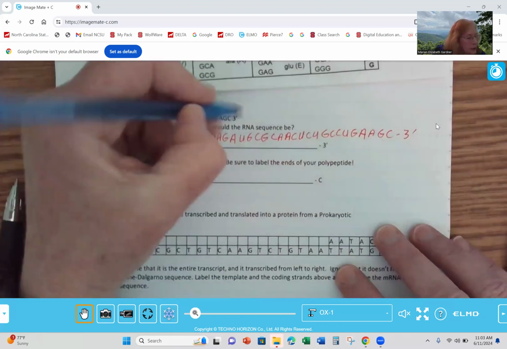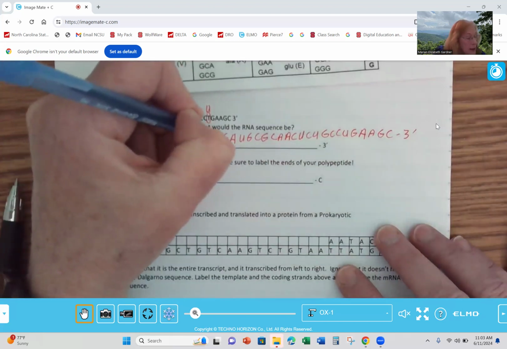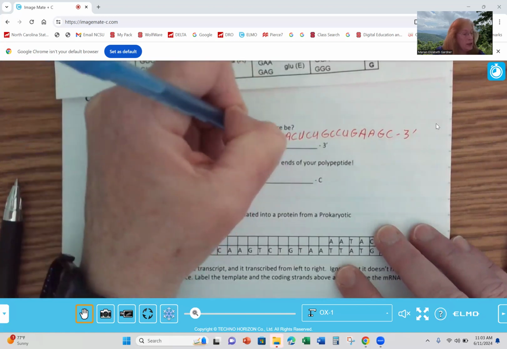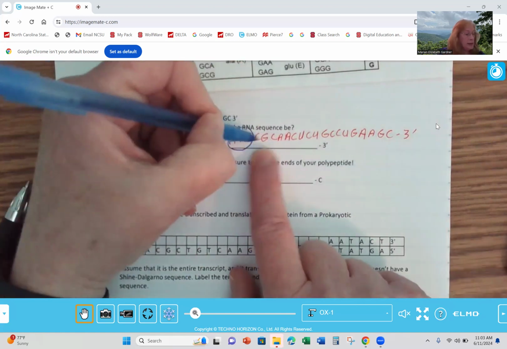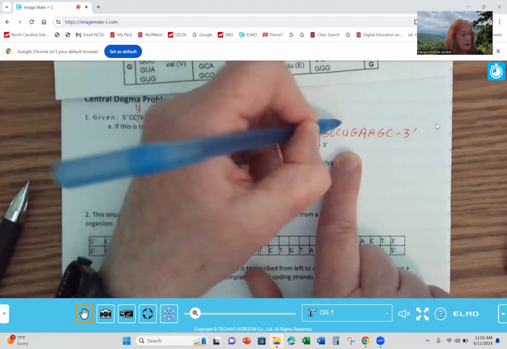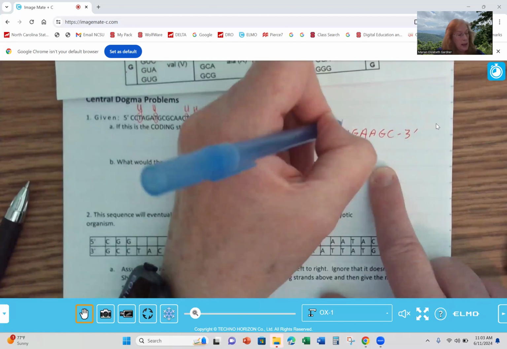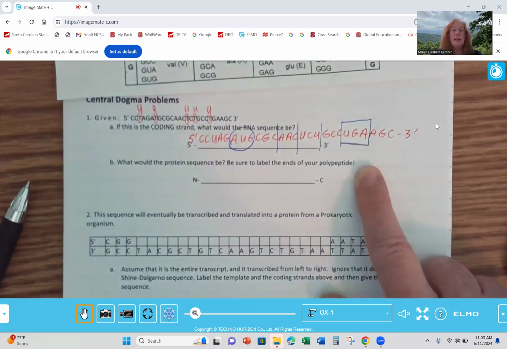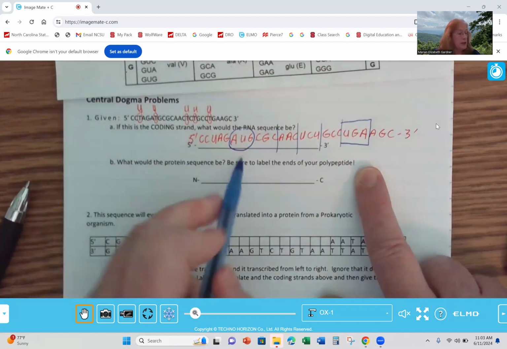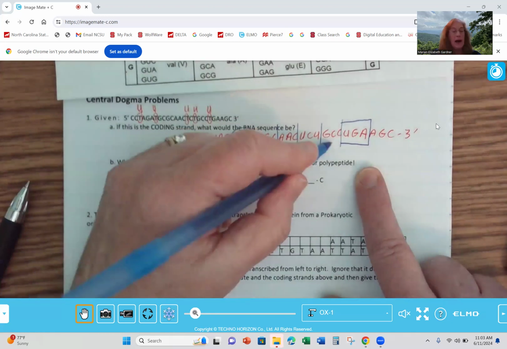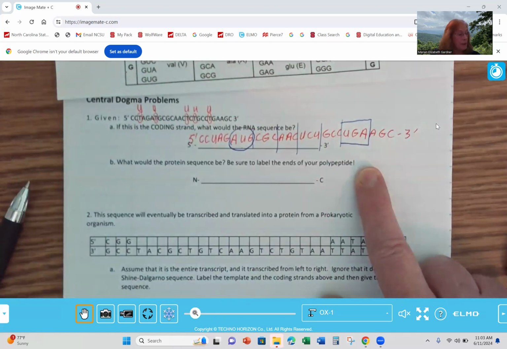So I will go along here, AUG, there's a start codon. And I will break it into 3-letter codons, CGC, AAC, UCU, GUU, until I hit a stop. UGA is one of the 3 stop codons. So this means my protein will have 1, 2, 3, 4, 5 amino acids in it.